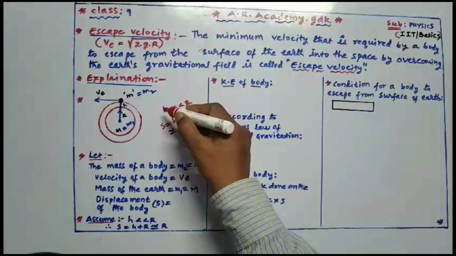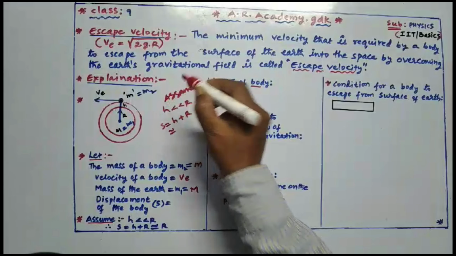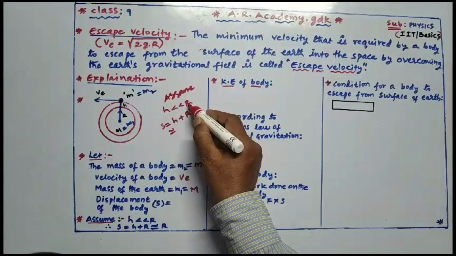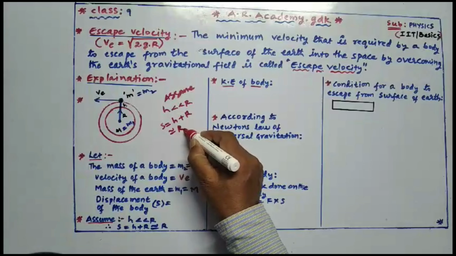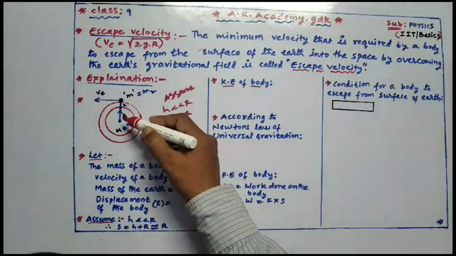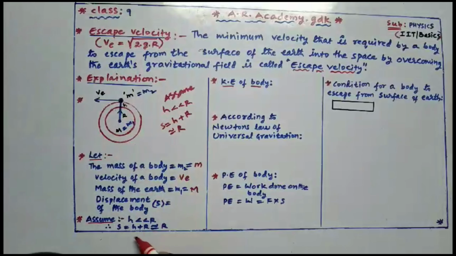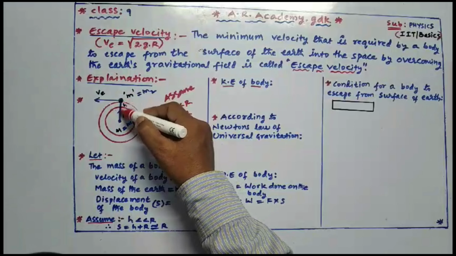If you assume H is too less compared to R, then H plus R will become R only. Remember, S is equal to R. Displacement S is equal to H plus R, but since H is very small, we take S equal to R. This is the Earth, this is the H it is traveling.